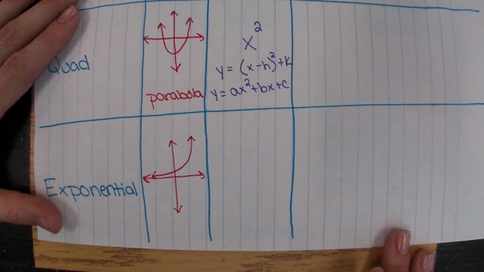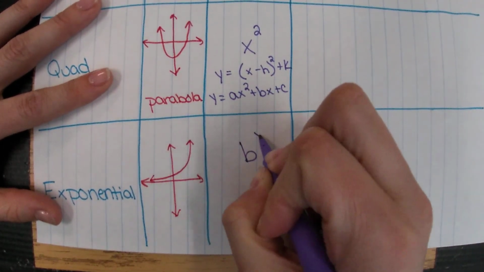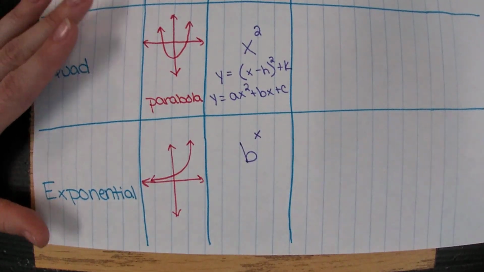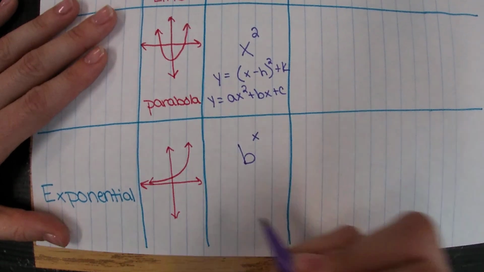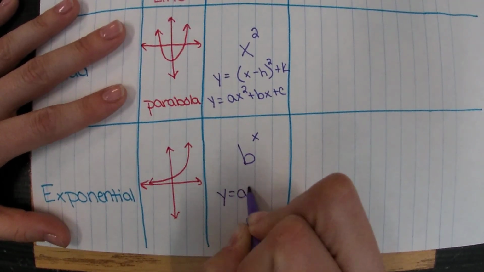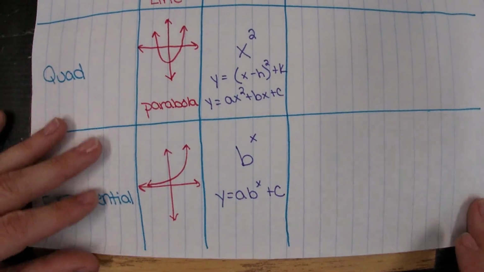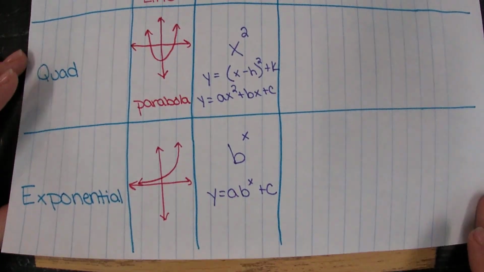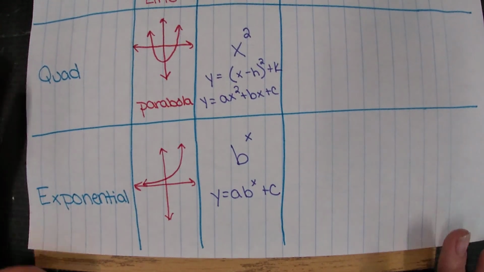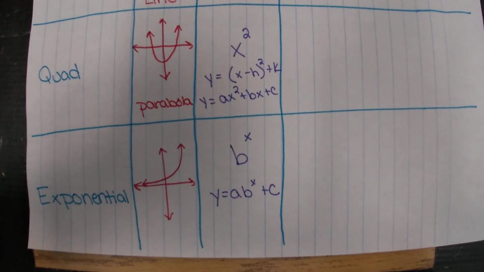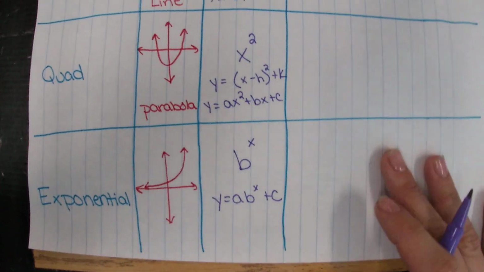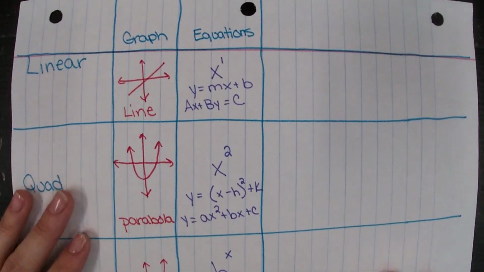And we know in an exponential function that the exponent is the x. So our y equals ab to the x plus c. So if we are looking at an equation and we see an exponent that's an x, we should immediately think, oh, that's definitely an exponential function. We know that those are characteristics by how we see the variable and what exponent it has.